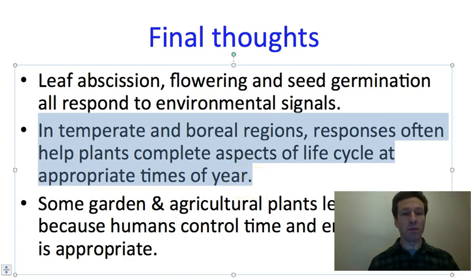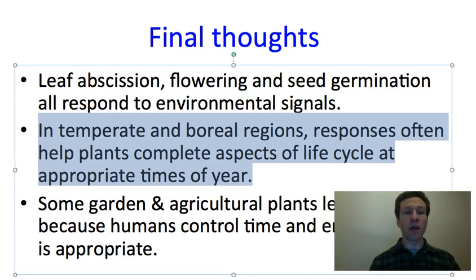And finally, some garden and agricultural plants are less responsive to environmental signals than are natural plants. The reason for this is that during the process of cultivation, humans have taken over making decisions about when the plants should germinate and grow, and the plants as a result do not have to.